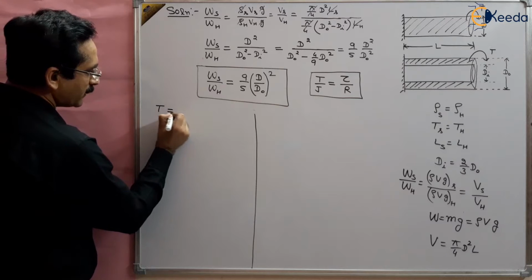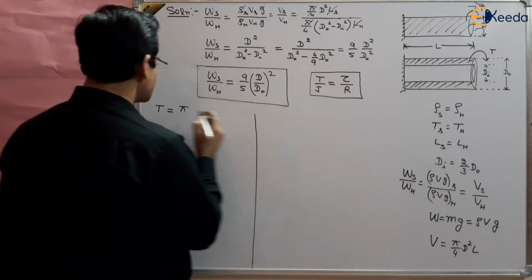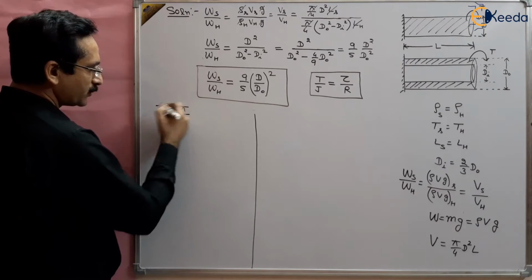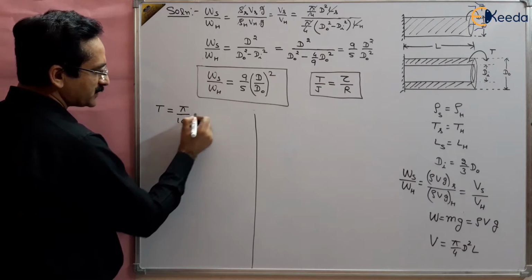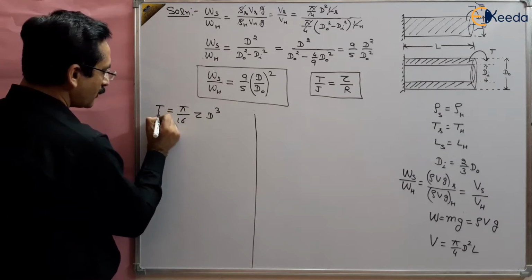So T can be written as, solving this, the polar moment of inertia comes out to be pi by 16. We have already done that. Torque in terms of shear stress is pi by 16 tau multiplied by d cube. So this is the torque of solid shaft.